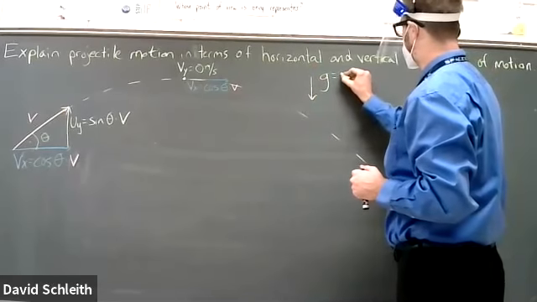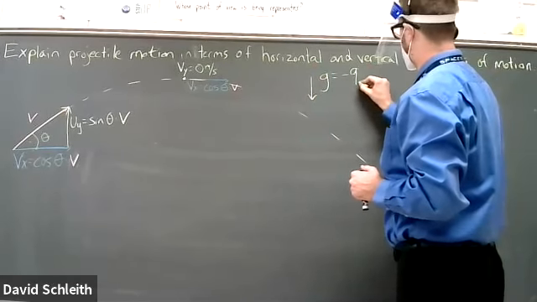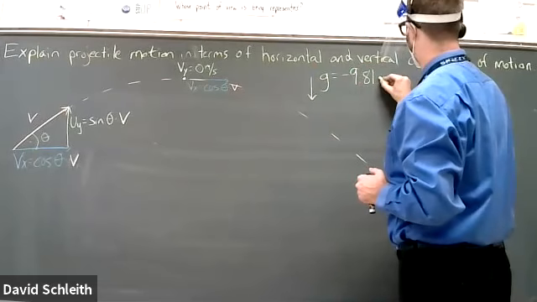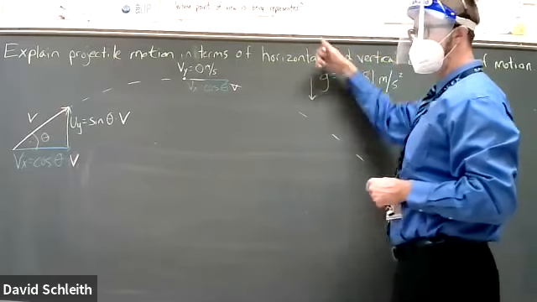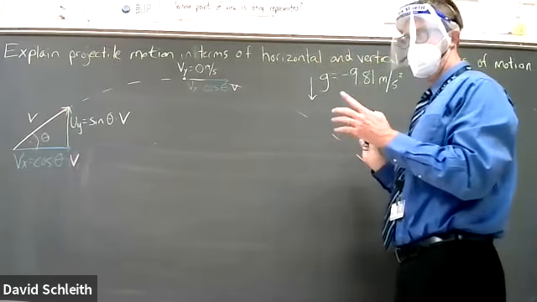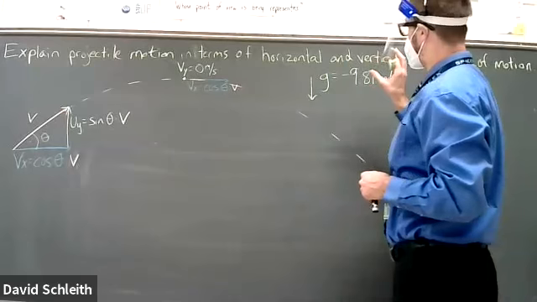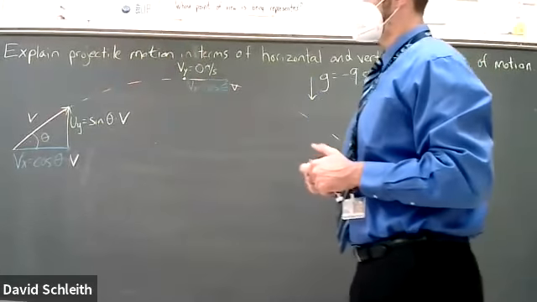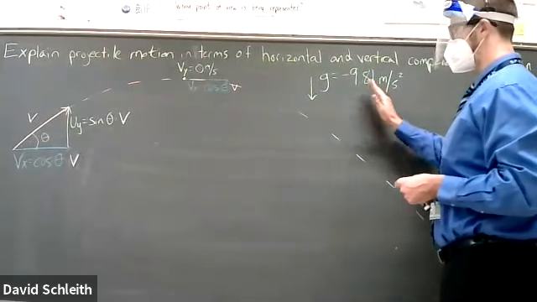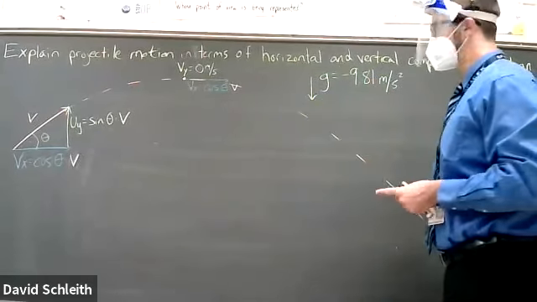So you think about g as being negative 9.81 meters per second squared. That's the acceleration due to gravity vector, and it's constant, right? And so we can use those equations of uniformly accelerated motion because gravity is a uniform accelerator.